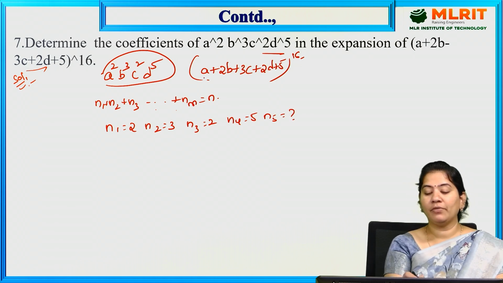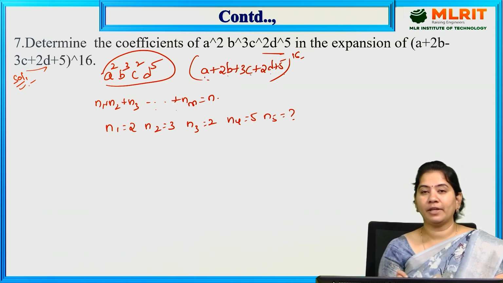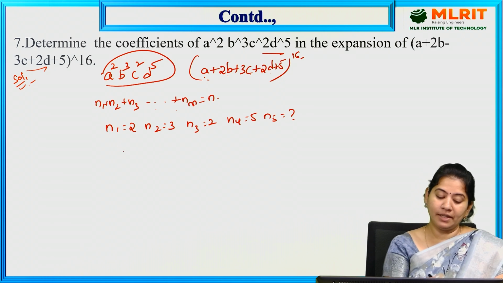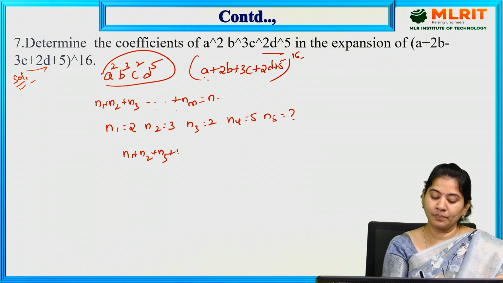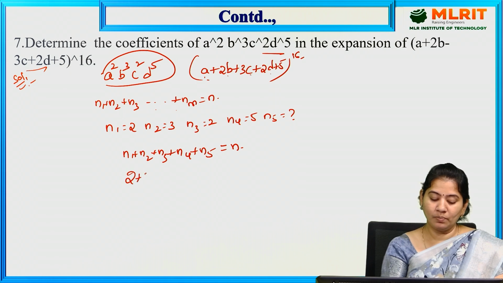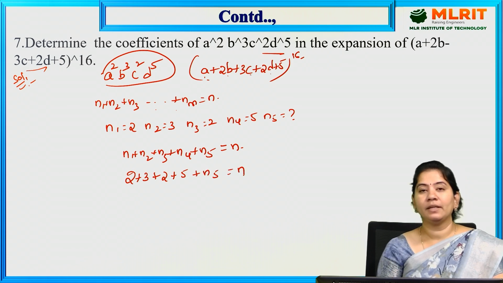We have n1, n2, n3, n4, n5, but here only 4 terms, n5 is missing. Now n1 plus n2 plus n3 plus n4 plus n5 is equal to n, which is 2 plus 3 plus 2 plus 5 plus n5 is equal to n.